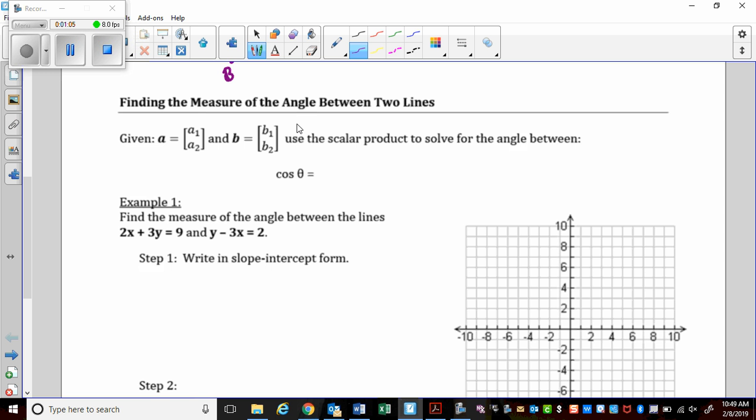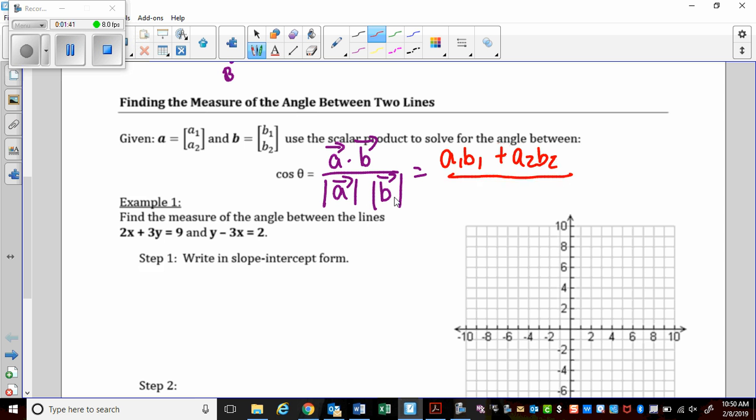We have A and B. So vector A dot vector B over the magnitude of A. I'm just going to use one line instead of two, times the magnitude of B. Remember that when we do the dot product, this is multiplying your A1 times your B1 plus your A2 times your B2, over, remember this magnitude is we're kind of using the distance formula.